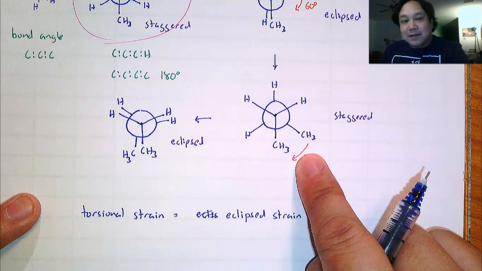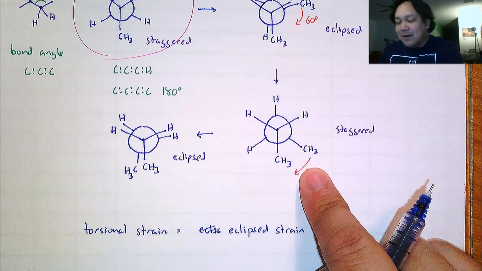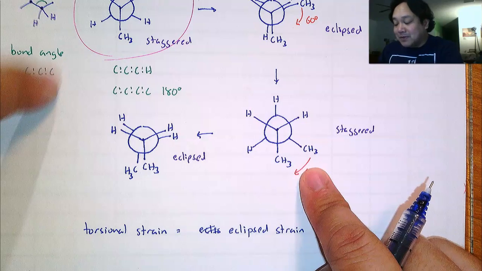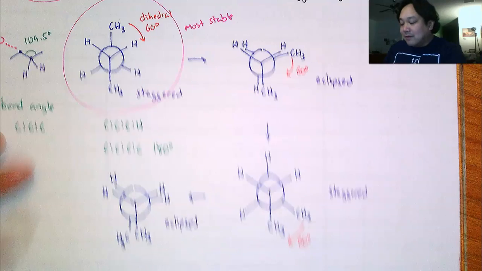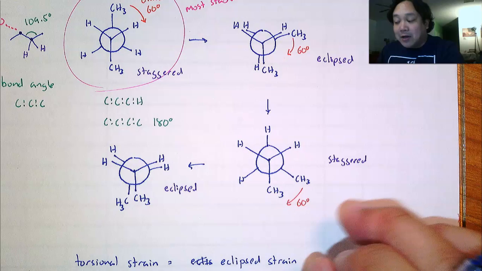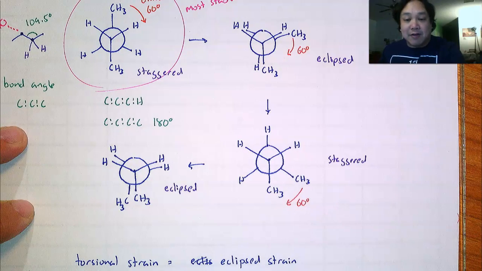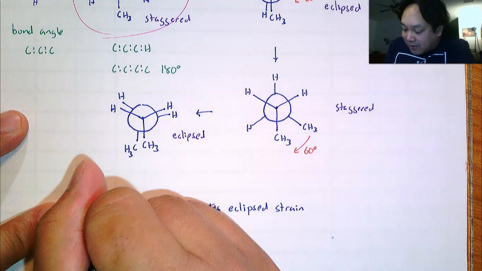But this is not eclipsed, but it's still less stable than this one up here. Remember what we said? If something is less stable, it has more energy. It's higher up on the energy diagram. The strain here is actually bumping strain.